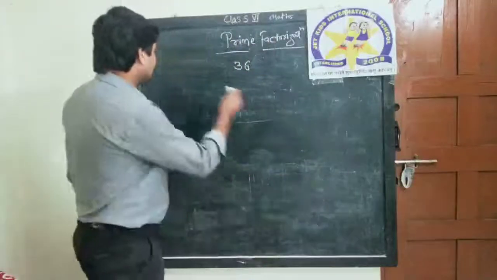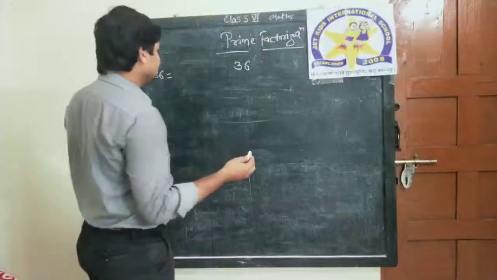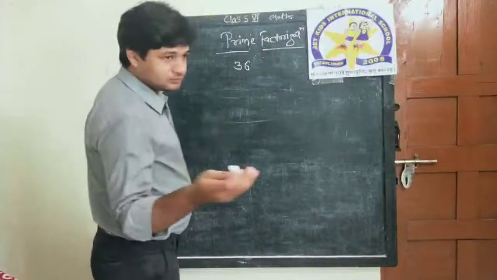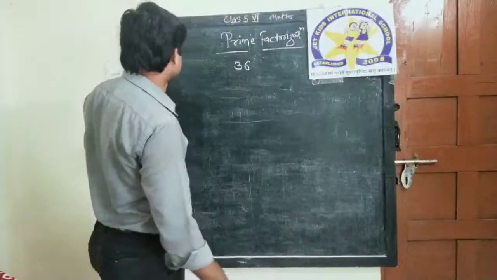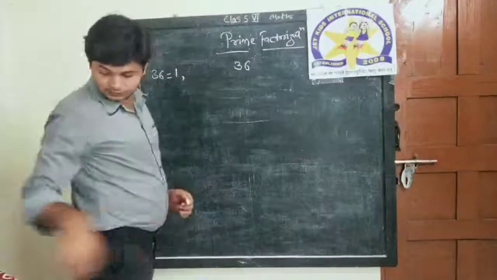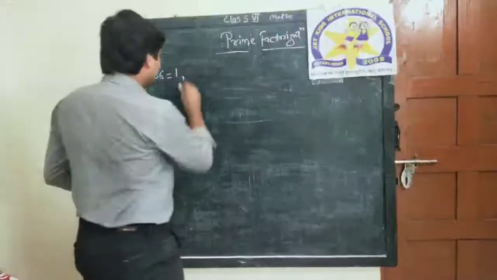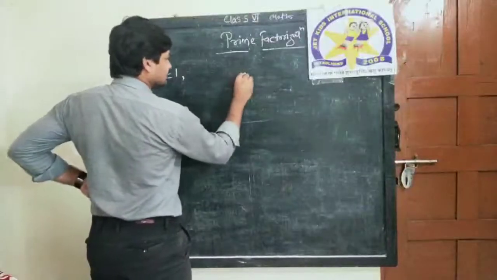First of all I am taking the factors of 36, and you know very well how to make factors of 36. 1 and 36.